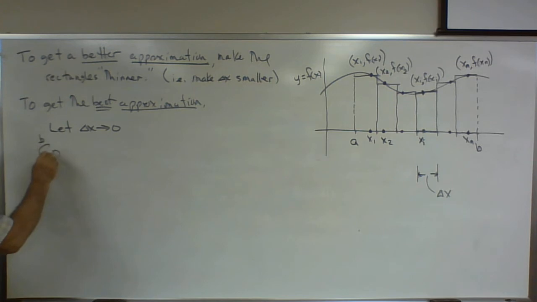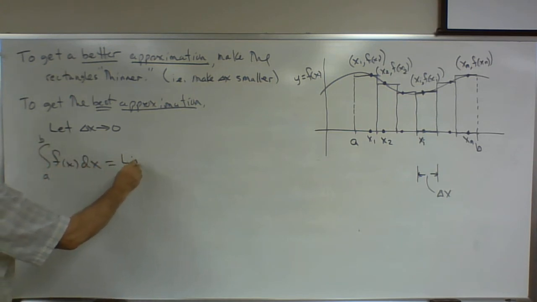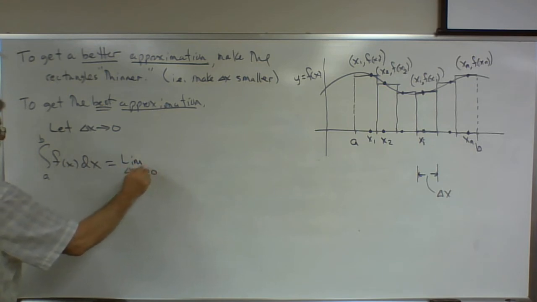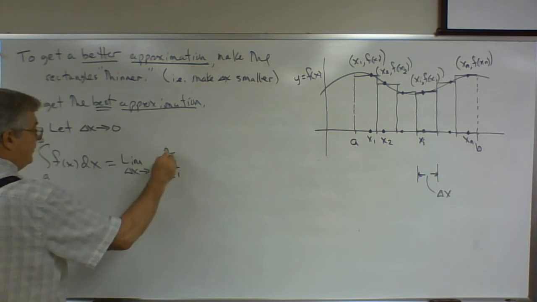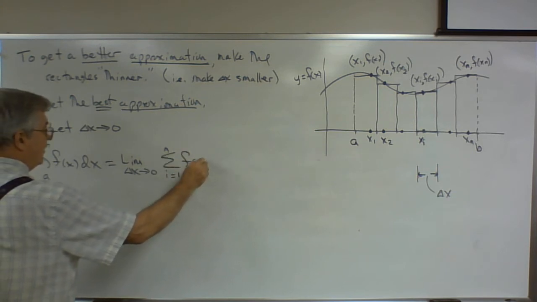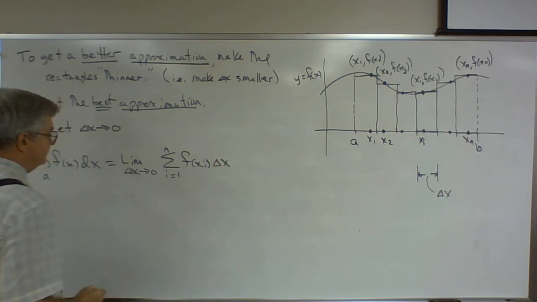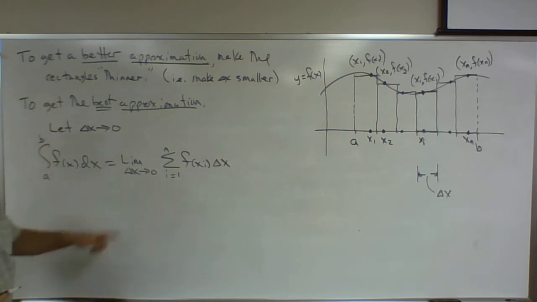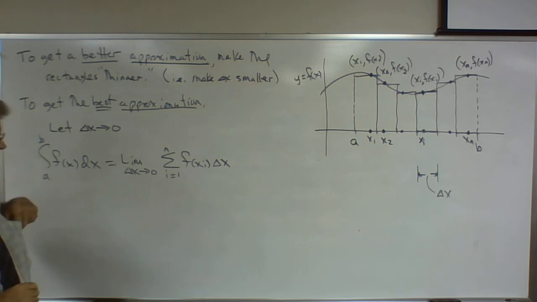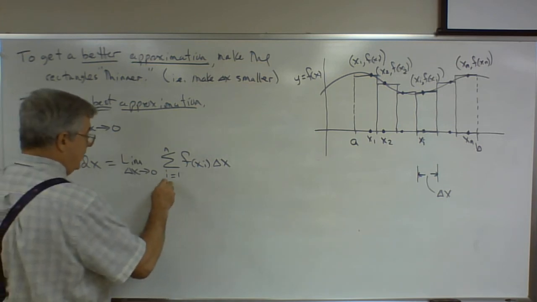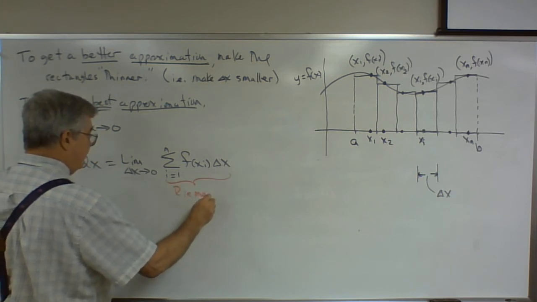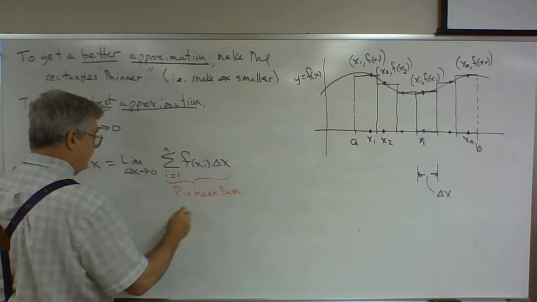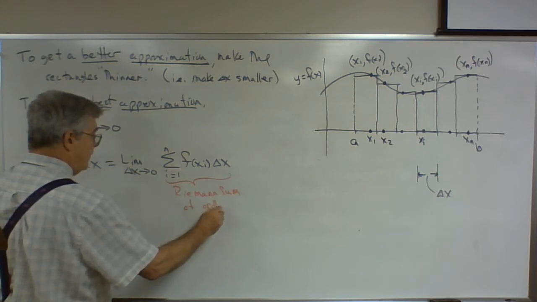And we have the definite integral of f of x from a to b equal to the limit as delta x goes to 0. And this thing, we might recognize as being a Riemann sum of order n.